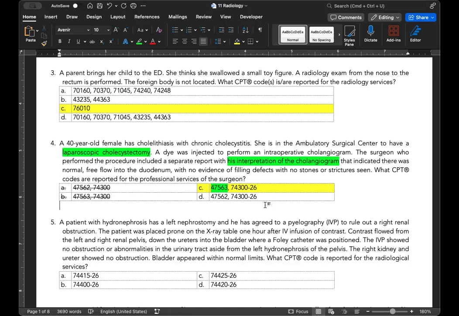Let me make sure I'm saying this right because I think we're saying two different things. So the only time that you want to use a 26 is if the physician does not own the equipment. Okay. So if they are at a hospital, then the hospital owns the equipment, right? So that's when you would want to use a 26.